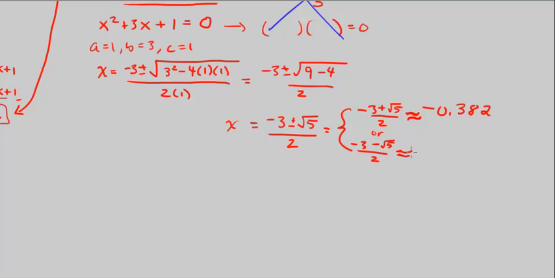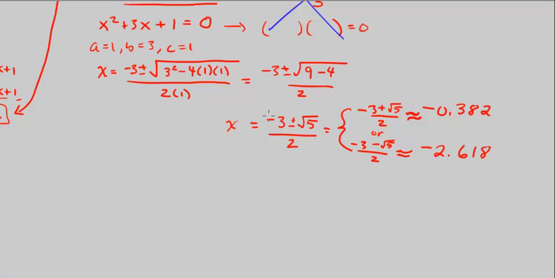Now let me say negative 3 minus square root of 5, and then divide that by 2. I get negative 2.618033989, so 2.618, because that 0 leaves this as an 8.